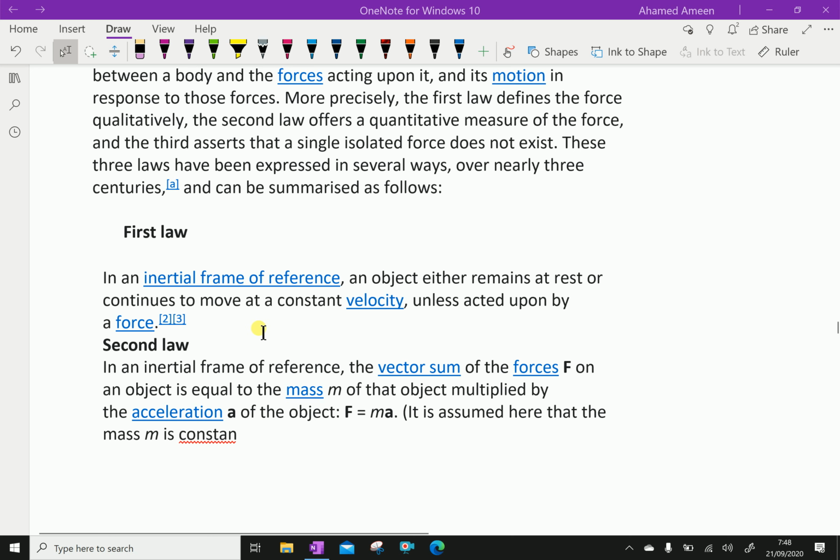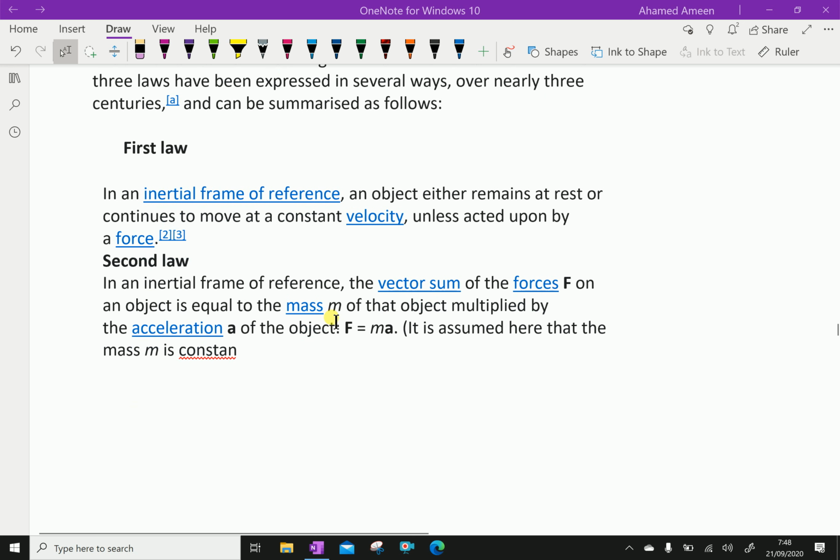If no external force is acting, then the body remains the same unless an external force is applied. If no external force is there, the body remains at rest. Or if a body is rotating and there is no external force acting on it, then it continues to rotate.